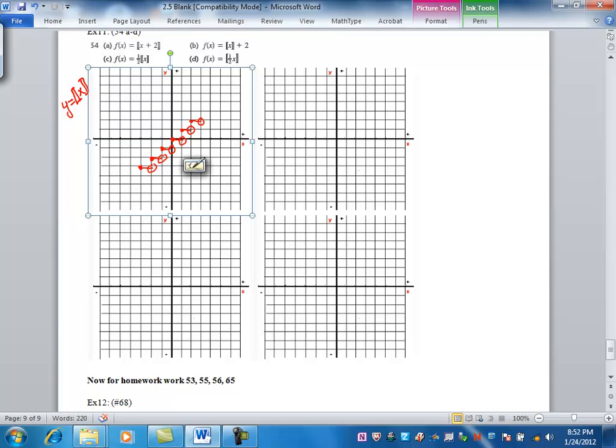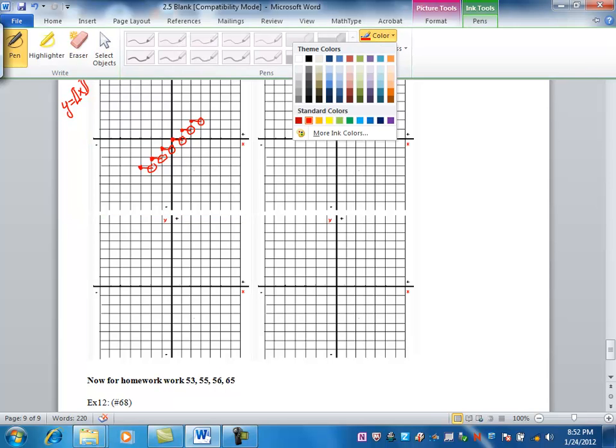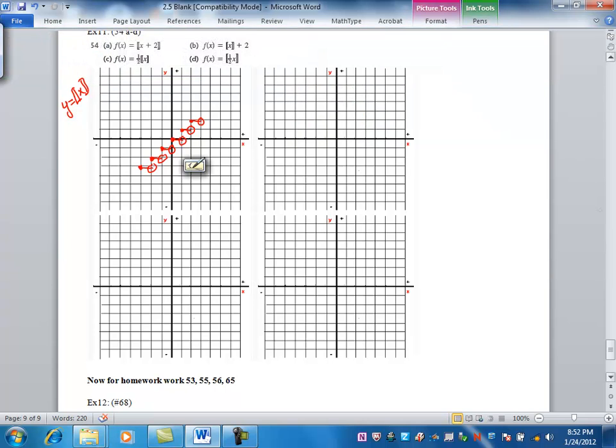Alright, so now we will look up here and we'll make use of our shifts that we talked about earlier. This is the greatest integer of x plus 2. Well, folks, this is going to shift our graph to the left. So this will be in blue.